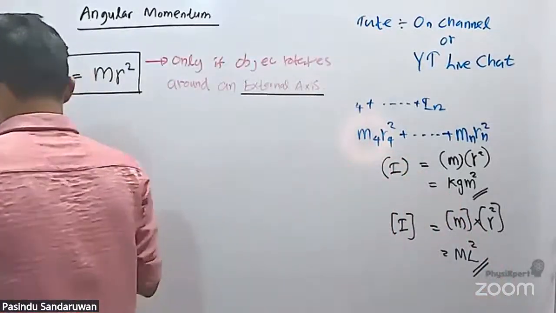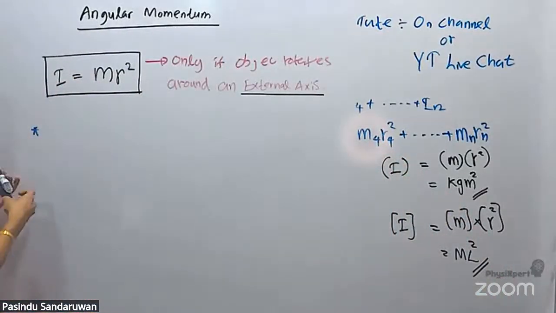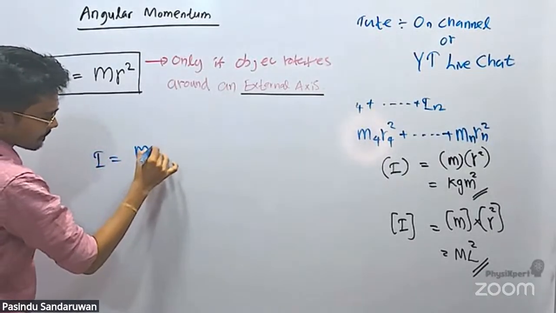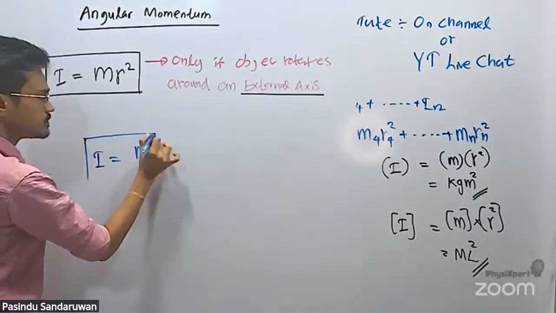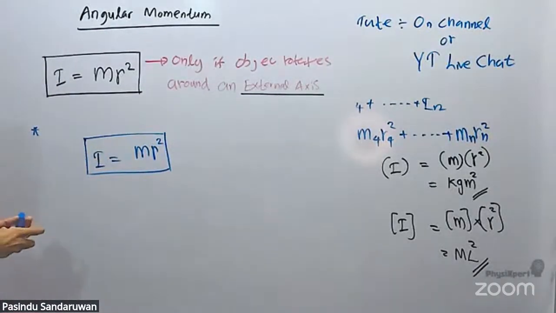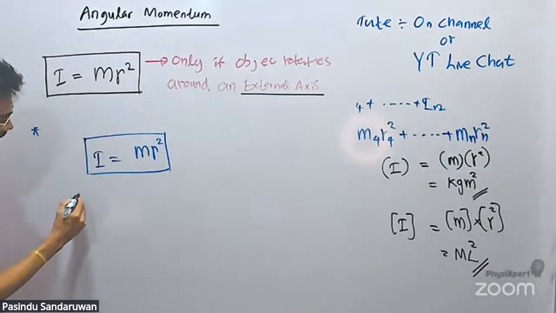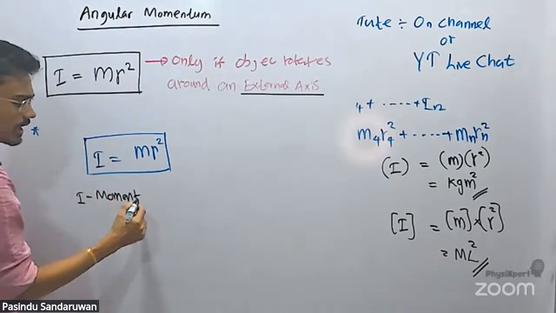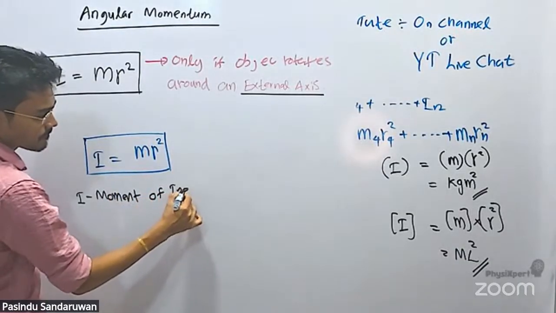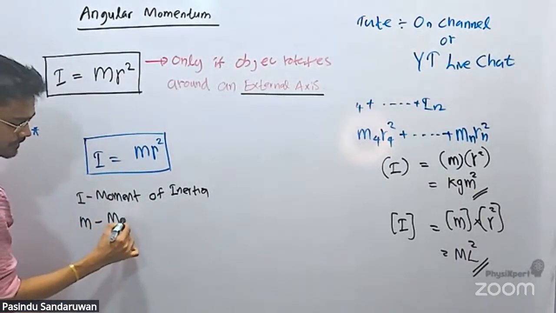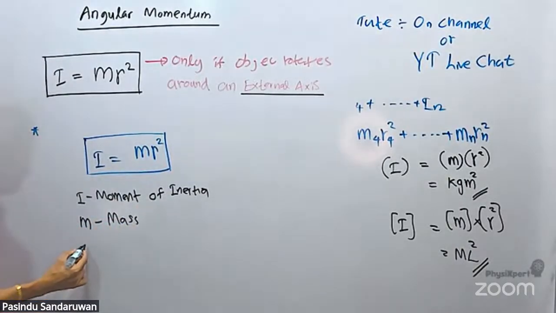Look here. In that case, this is not just a perpendicular distance. I is moment of inertia as usual. The change is with R. M is mass, and R is very much important.